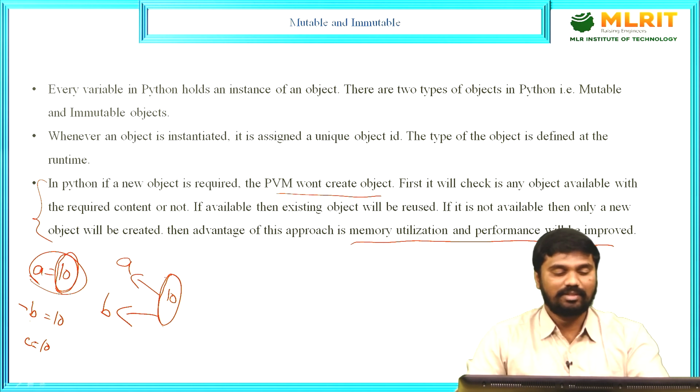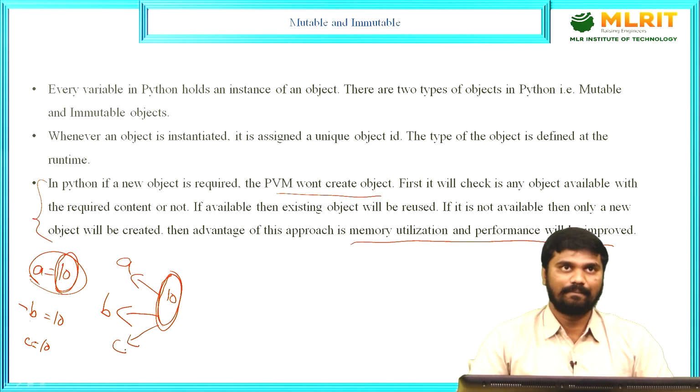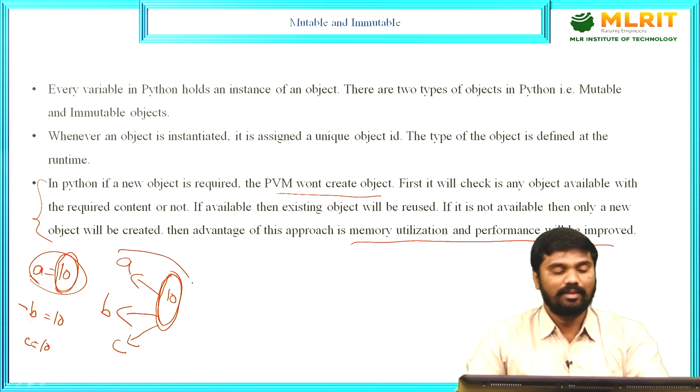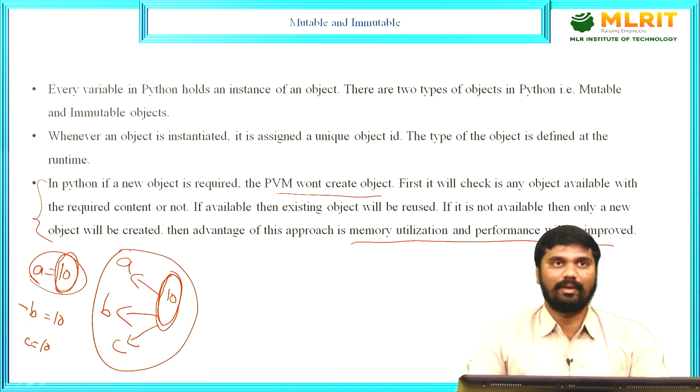If there is, that object will be reused and referred to by c. So this is how object creation happens in the Python programming language. Due to this approach, memory utilization and performance will be improved. That is one important point.